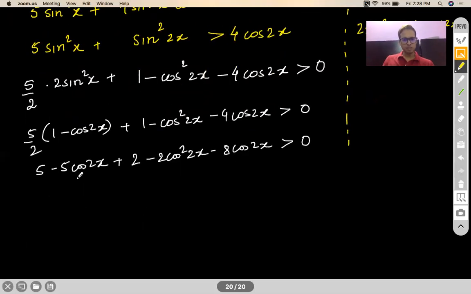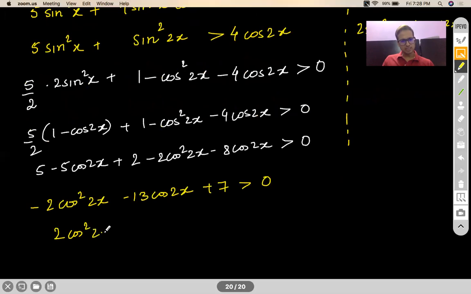So this gives you minus 2 cos square 2x minus 13 cos 2x plus 7 greater than 0. That means 2 cos square 2x plus 13 cos 2x minus 7 is less than 0. I believe it is factorizable.